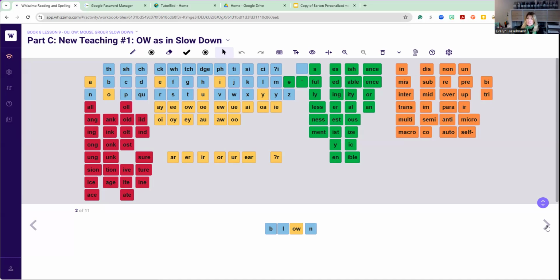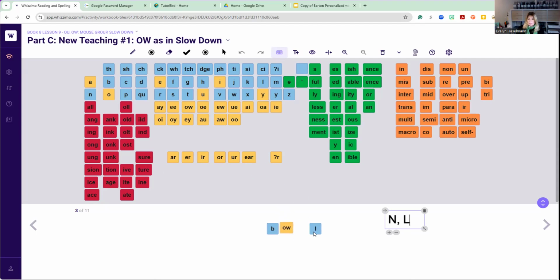They will also learn that it's common in the middle when it's followed by one nice letter. And when I say nice letters, I mean my one N or one L. Okay, so you might see that in a word like blown or the word bowl.